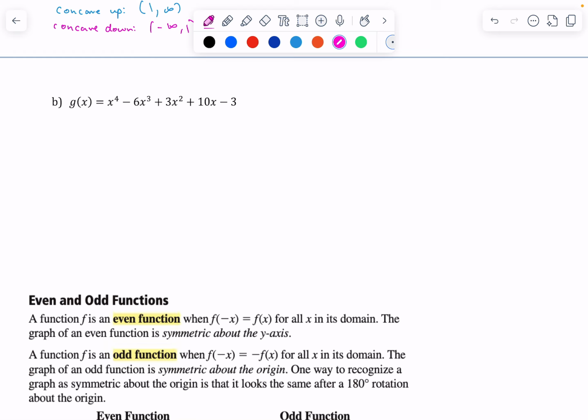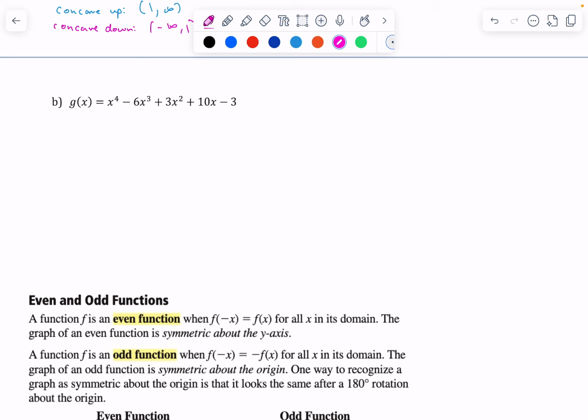Okay, this one I'm going to have to adjust the view. I'm going to play with it a little bit, and I'm going to go to window settings. Seems like I need to go pretty far down in the negative direction, maybe negative 50.